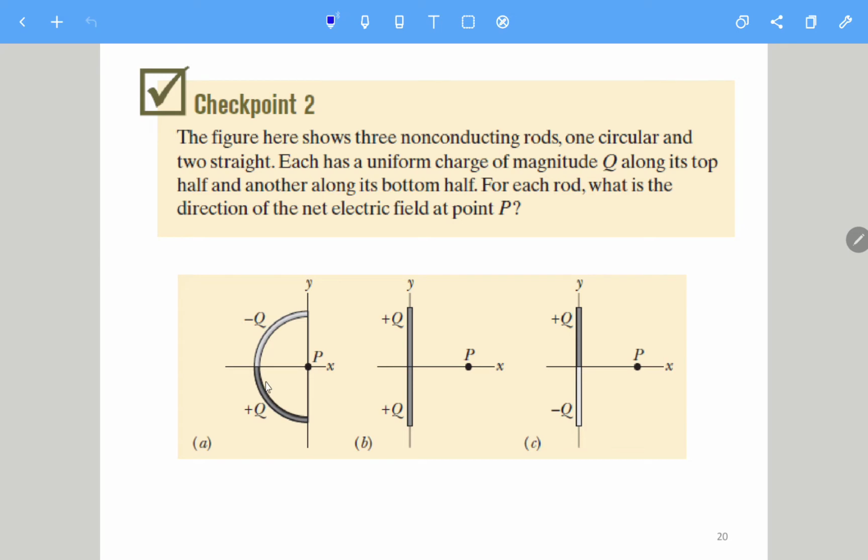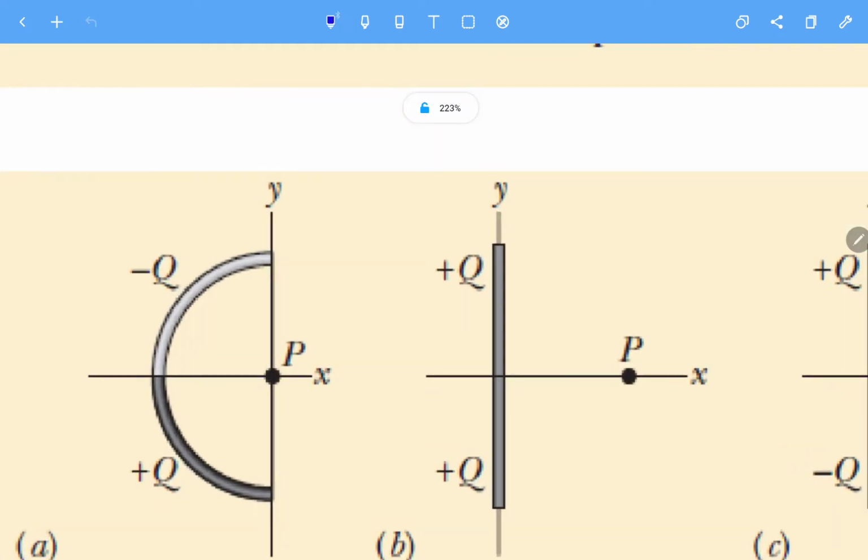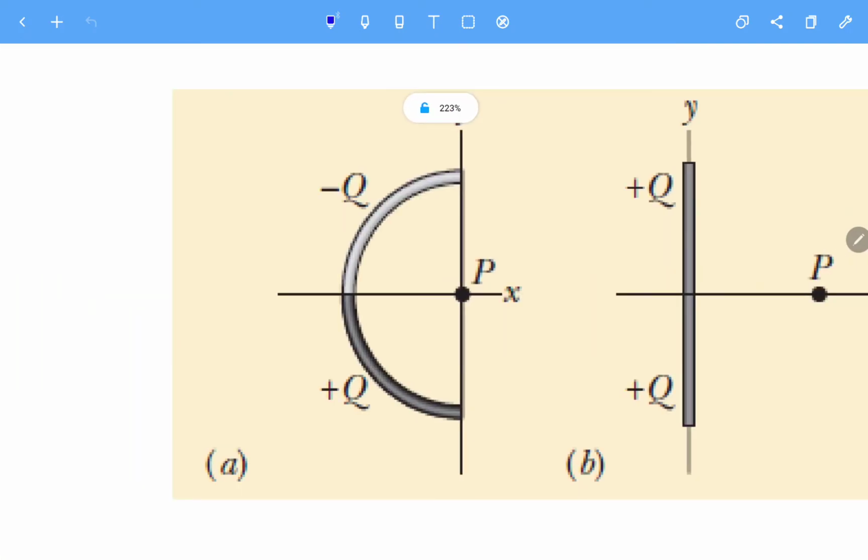So for part A, the E field generated by this part, what is the direction? Regarding negative Q, let me make it large enough. What is the direction of the E field generated at point P regarding negative Q? Top left.